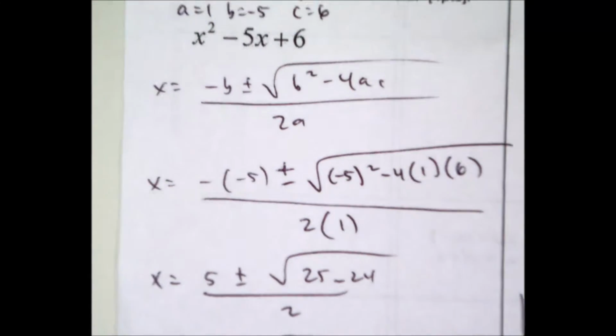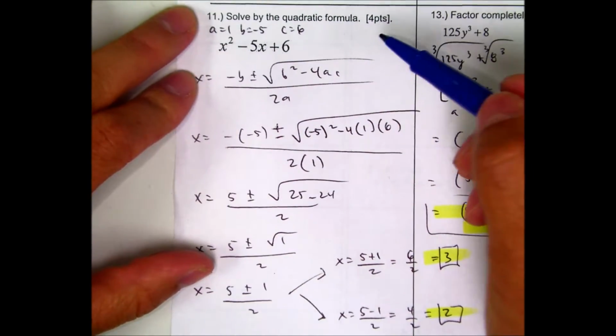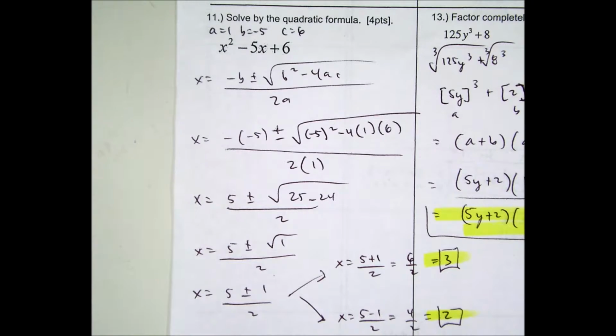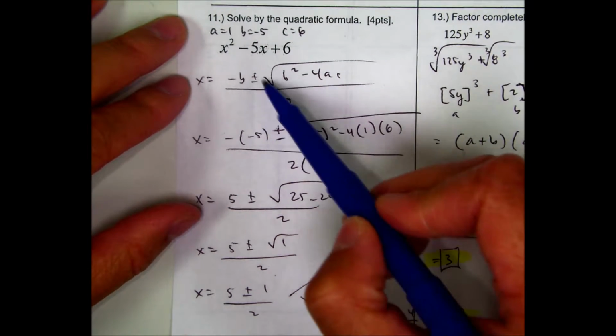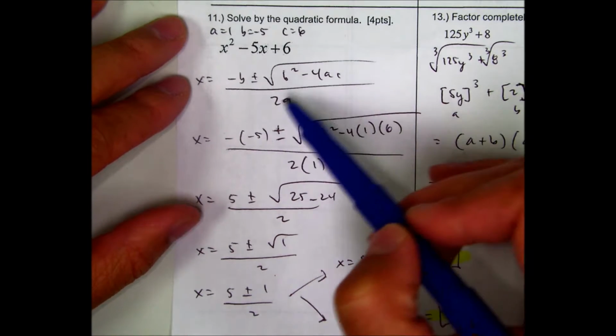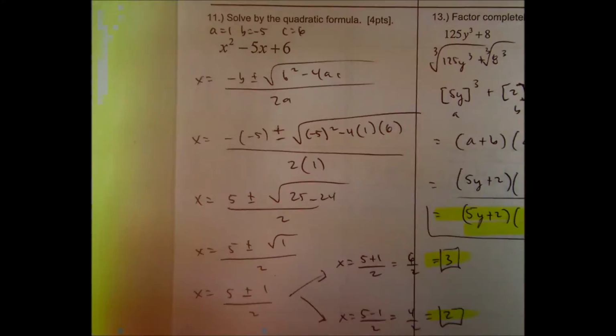Question number 11 says solve by the quadratic formula. So after you write down the quadratic formula, negative b plus or minus square root of b squared minus 4ac all over 2a, then you're just going to go ahead and do your substitution.